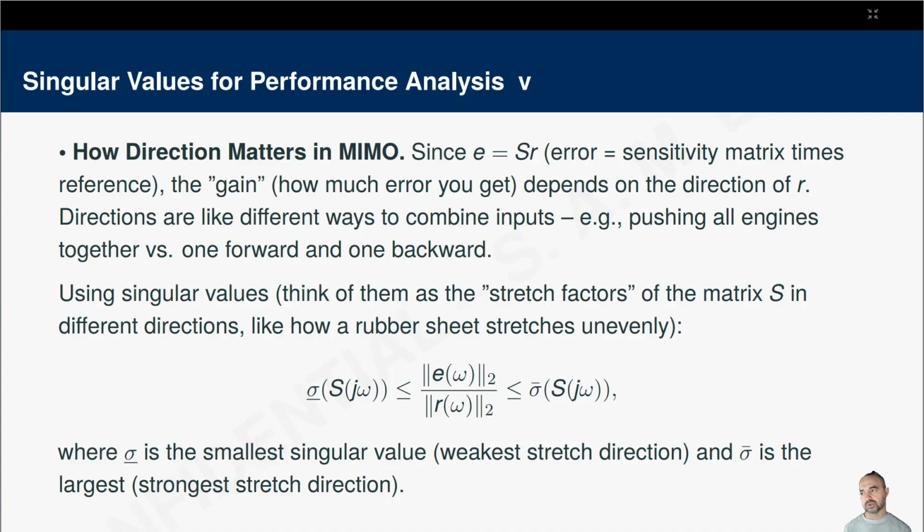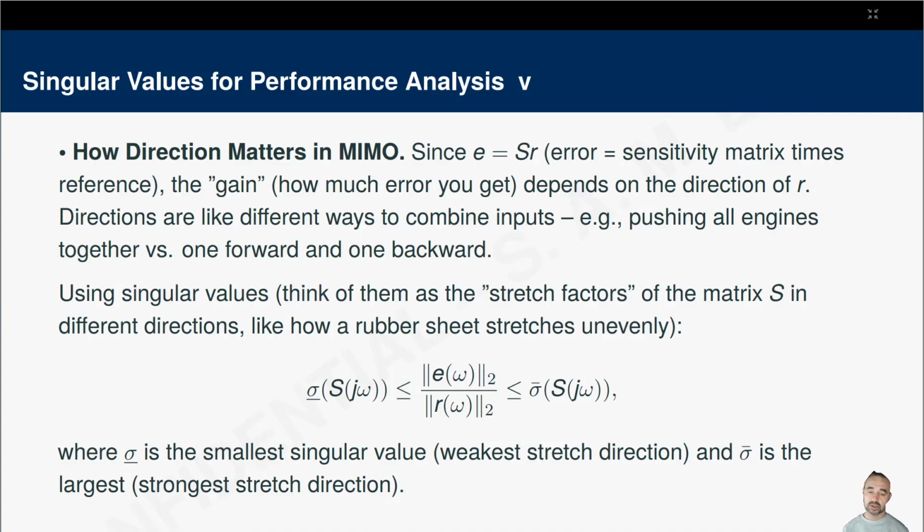The vector 2 norm of E over R, remember, S was the error transfer matrix. This error transfer matrix essentially takes the reference vector to the error vector.